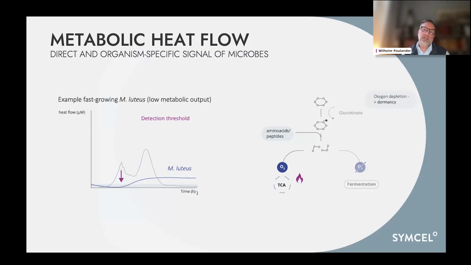Also, it lacks a glucokinase, so it has to drive other things, not glucose directly, into the TCA cycle, such as amino acids and peptides. This produces very little heat and is a tightly regulated metabolic mechanism. So Micrococcus, for instance, is an organism that grows fast, creates a lot of biomass, but produces quite low metabolic output per cell.